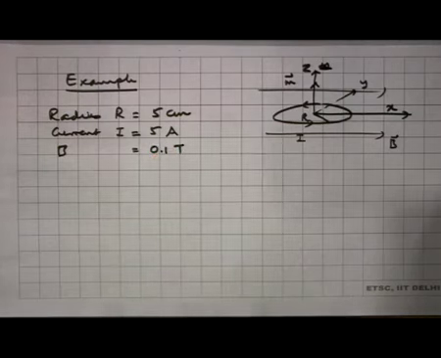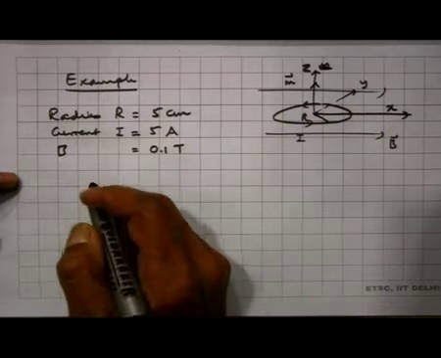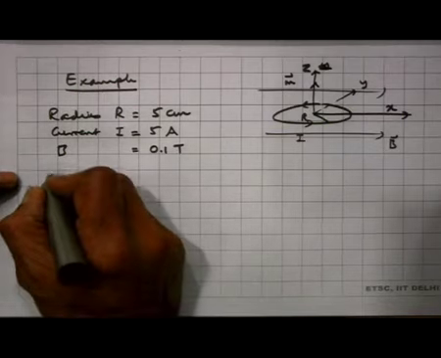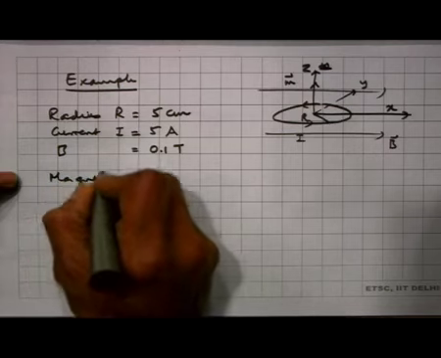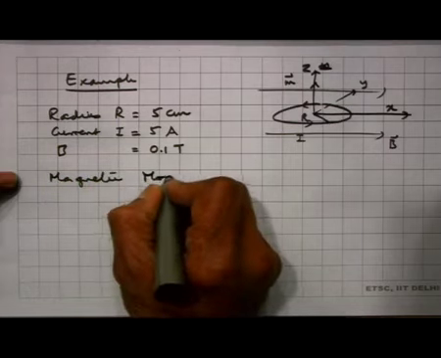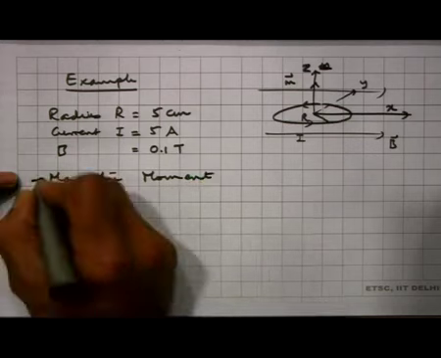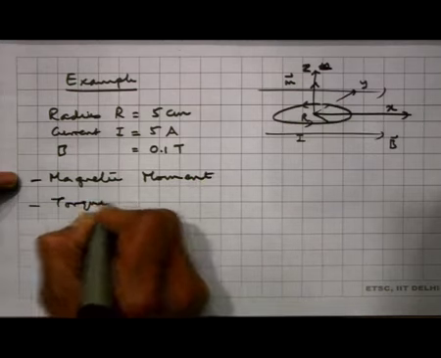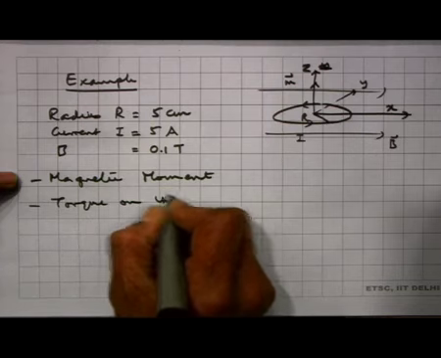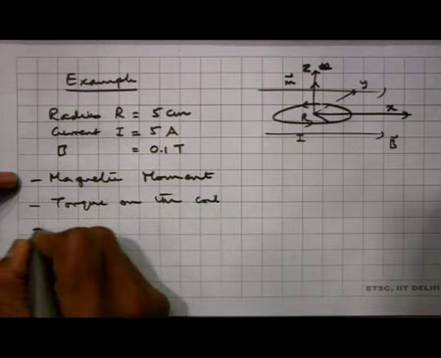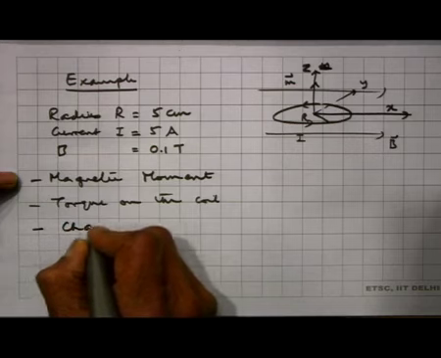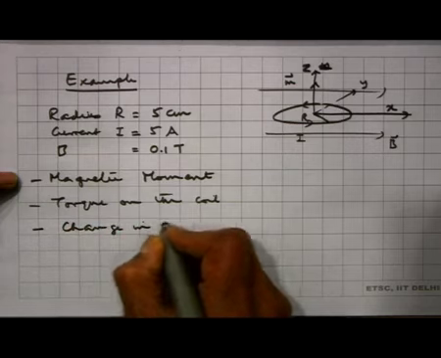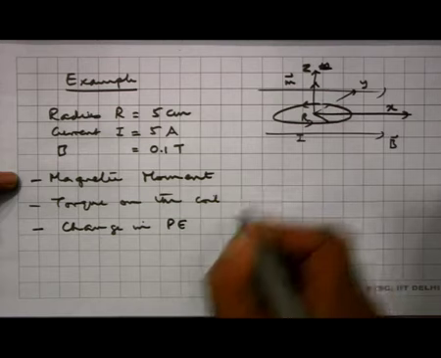So, what I want to do is I want to calculate what is the magnetic moment of this. So, I leave this problem to you. We will discuss this in the next class again. Calculate the magnetic moment of the loop, then calculate the torque on the coil and calculate the change in potential energy when it goes from this position.